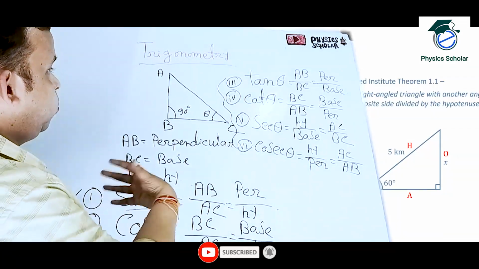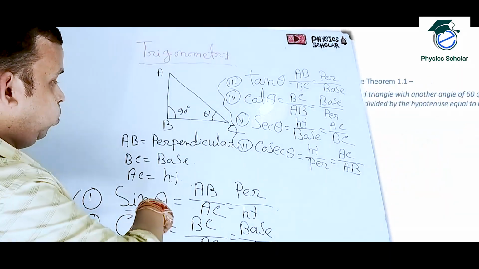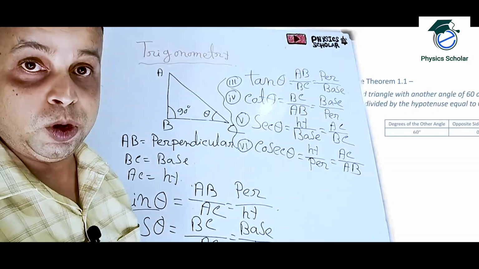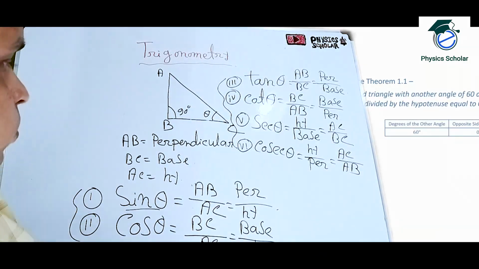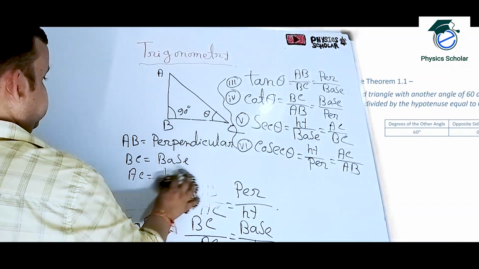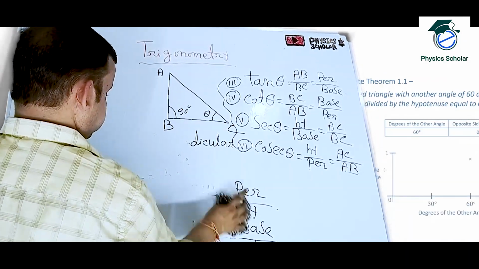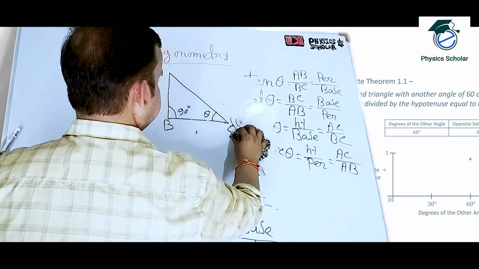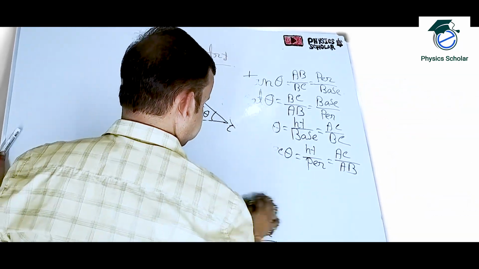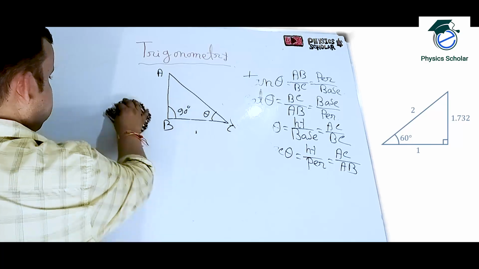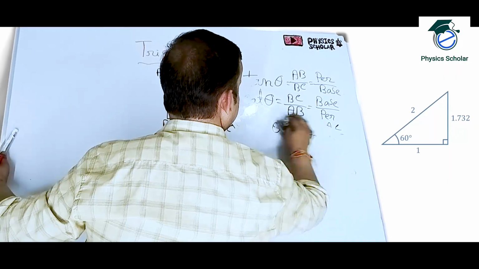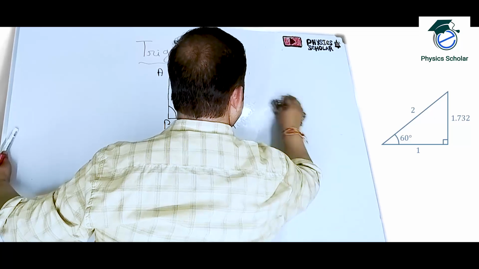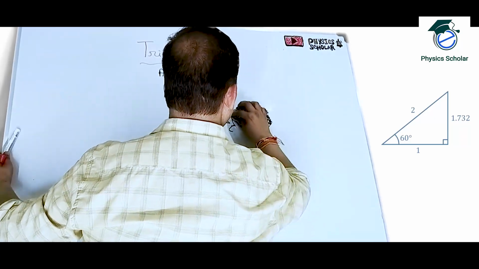Now some more formulas, so you can note them down. I am keeping the same diagram, because as per the diagram I have given the relationship between the angle and the sides of the triangle.